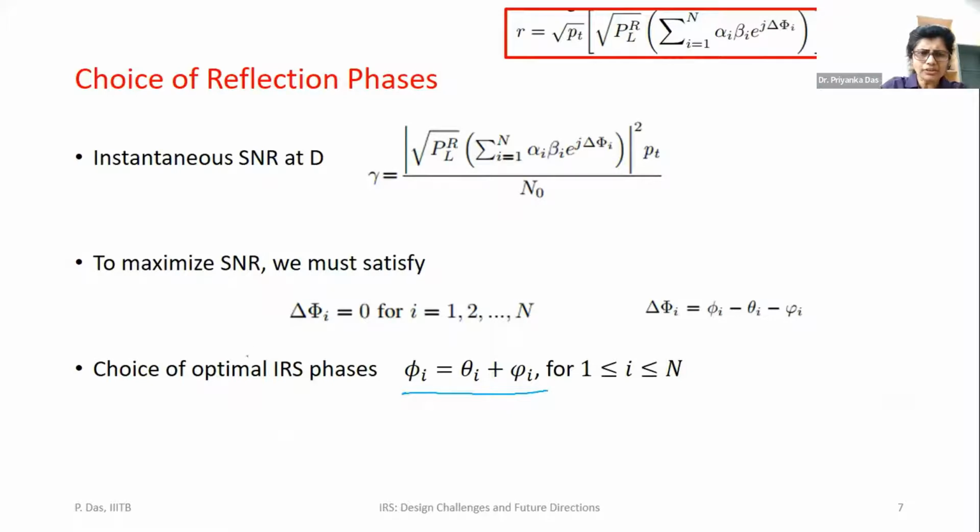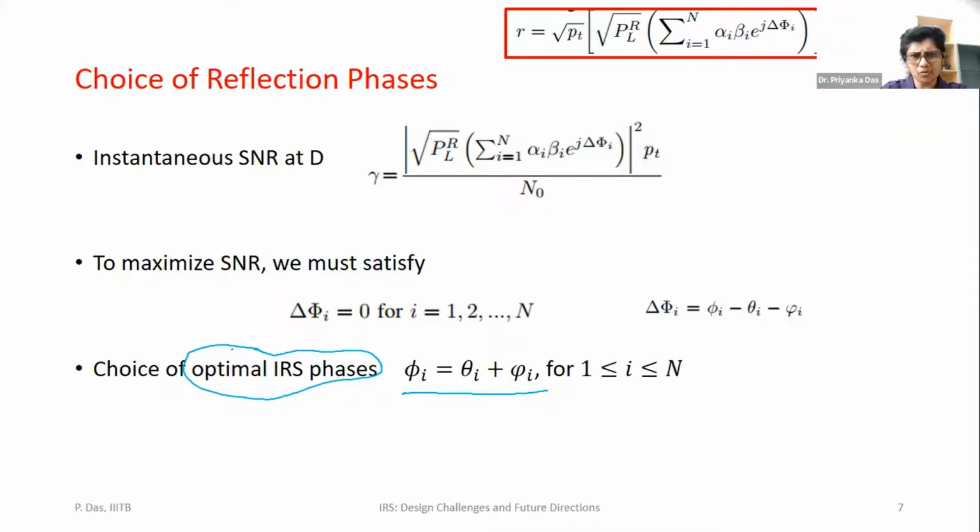Now this is a simple scenario, and understanding the optimal phases will help you go ahead. If you stack multiple antennas at the base station, what will be your optimal phase? Or if you talk about a different system model, such as cognitive radio, you will get a different answer.